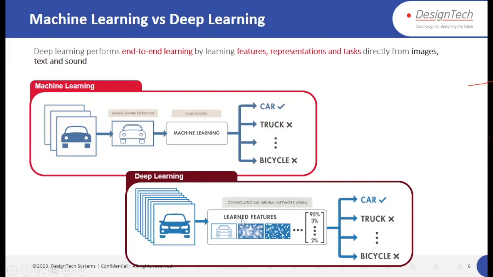But in deep learning models, we generally pass only the data, and the CNN, the convolutional neural network, finds the features from my data automatically. For example, if I pass some image data and want to classify what type of object it is, with machine learning I pass my own extracted features, and it will classify my data as a car.